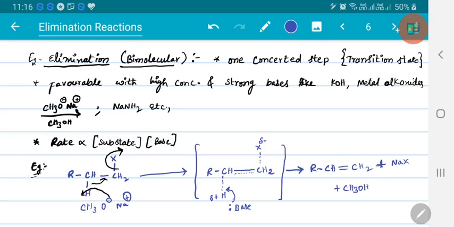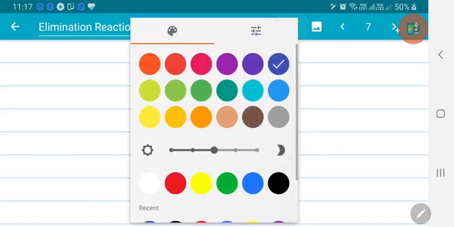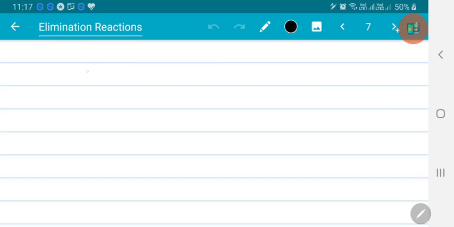That's how the products are formed. So the reaction occurs in a single step. Now here also the rate of reaction depends upon the stability of the transition state. The more stable the transition state, the more readily the reaction occurs. So the rate of reaction is proportional to the stability of the transition state.